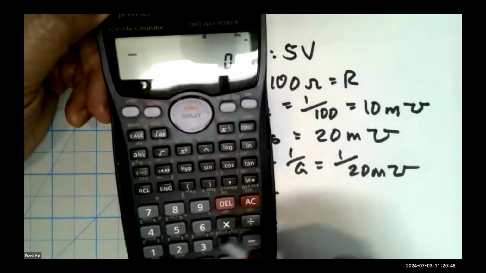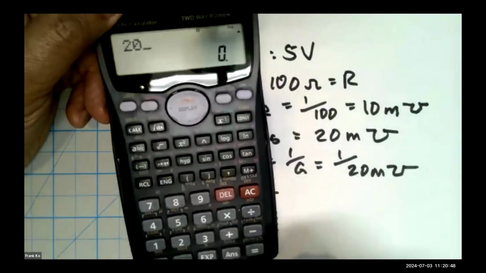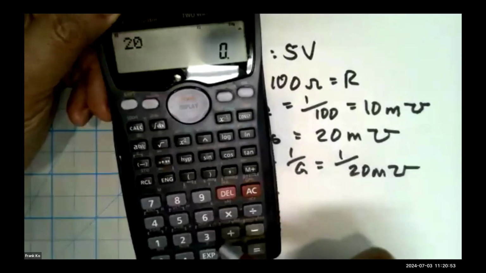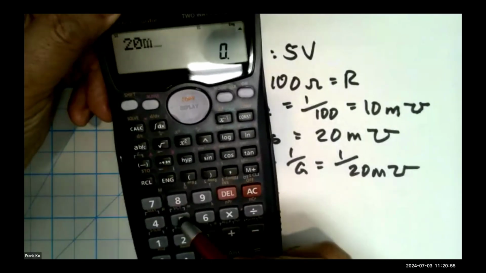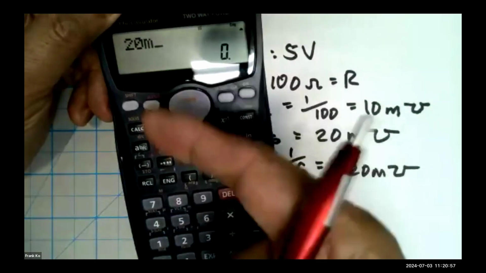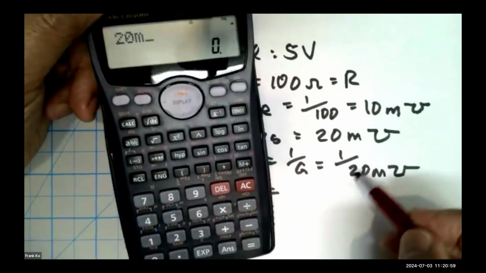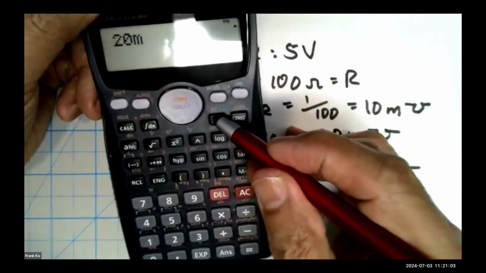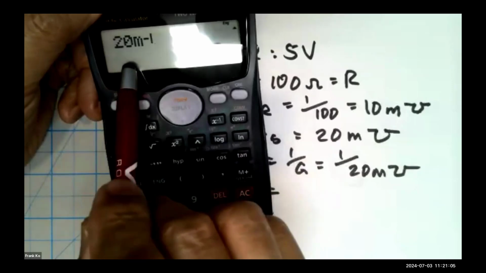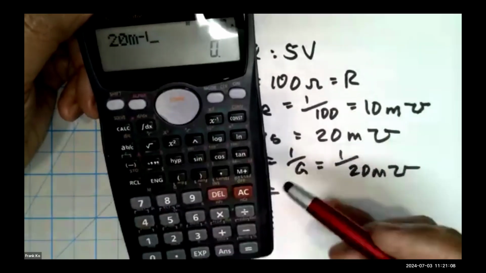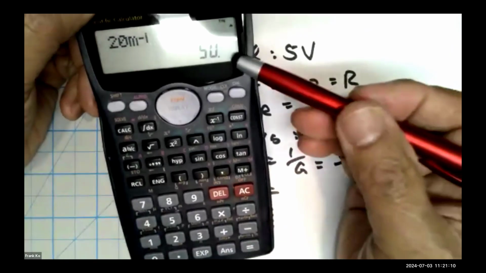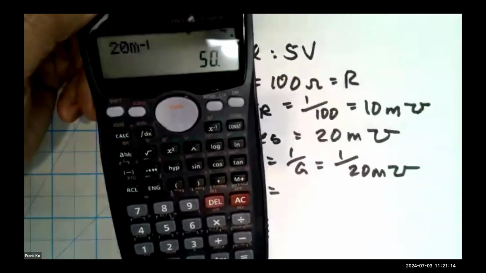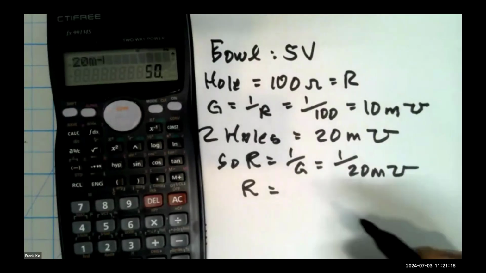We take 20, and to enter it as milli, I hit shift and hit my milli function right here. Then all I have to do to do this reciprocal function is hit my reciprocal key, boom. Now I have 20 milli being reciprocated, and if I hit equals, I have 50 ohms. This is what I'm looking for.